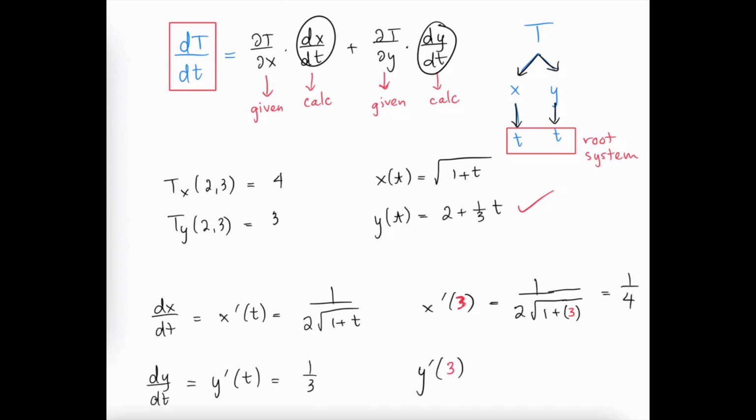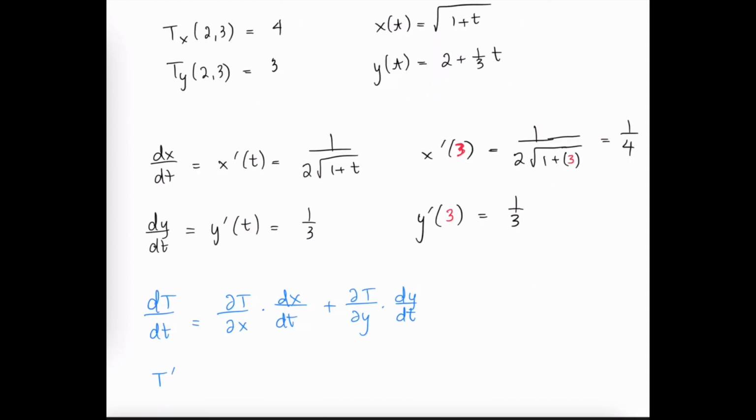And since y prime is the constant 1/3, that's not going to change when we plug in t equals 3. So this entire formula can actually be rewritten using prime notation and subscript notation as the first partial with respect to x at a given domain element times x prime at t plus first partial with respect to y at a given domain element times y prime at t.